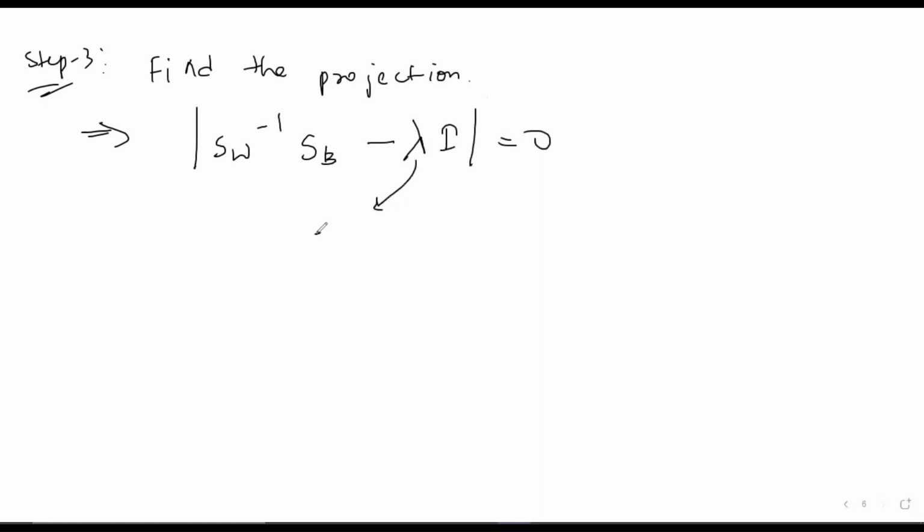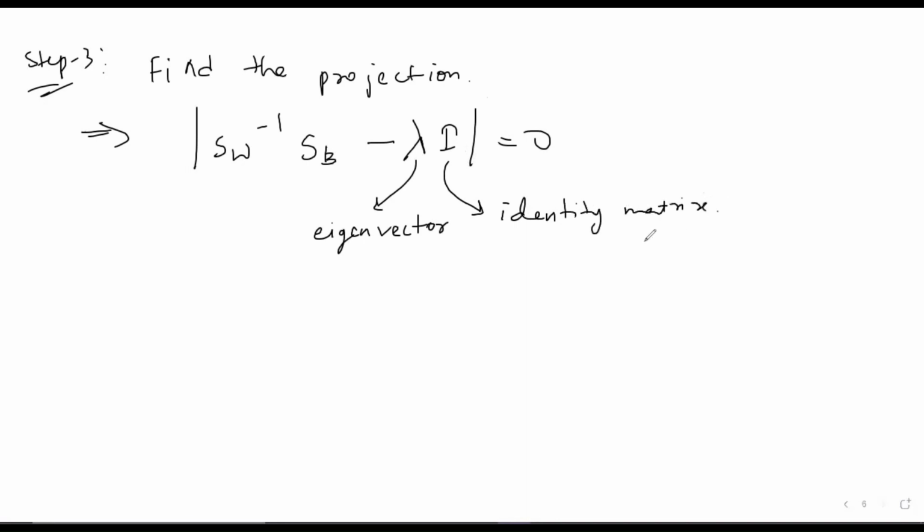This lambda is the eigenvalue. I will explain what this is at the very end of the video. And I will be the identity matrix.